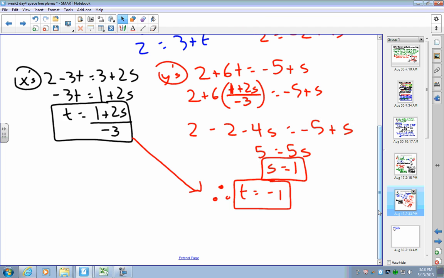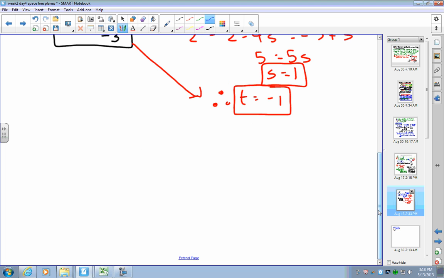Now, you're always going to get 2 answers when you do the x's and y's. The whole question, though, is does it work for the z's? So for the z's, we have 3 plus t equals negative 2 plus 4s.